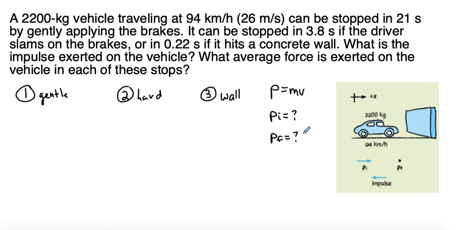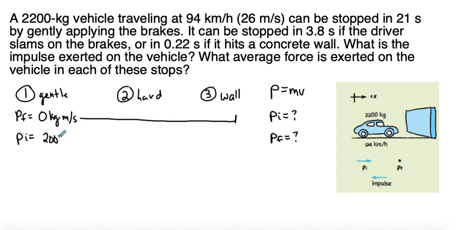In each of these scenarios, we are stopping, so we're going to have a final momentum of 0, and that's the same across the board. Momentum is kilograms times meters per second. The initial momentum is just the mass of the vehicle, 2,200 kilograms, times its initial velocity.